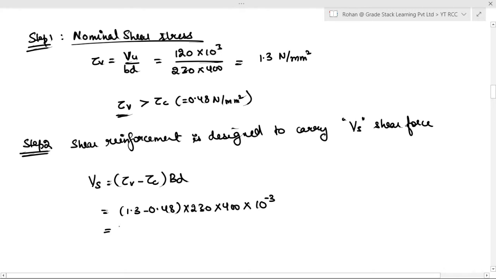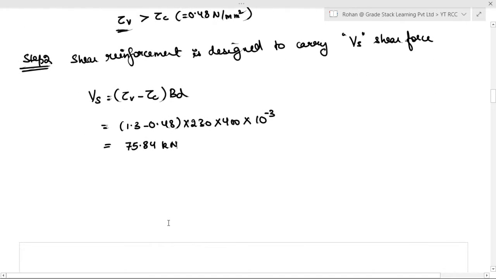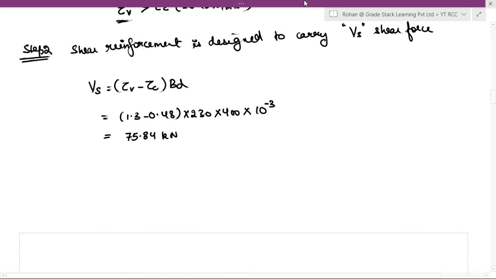It will come out to be equal to 75.84 kilonewton. So we have to design the shear reinforcement for this much shear force.